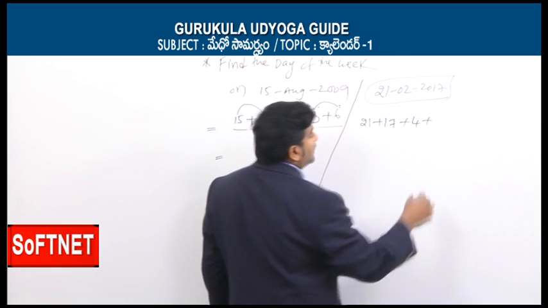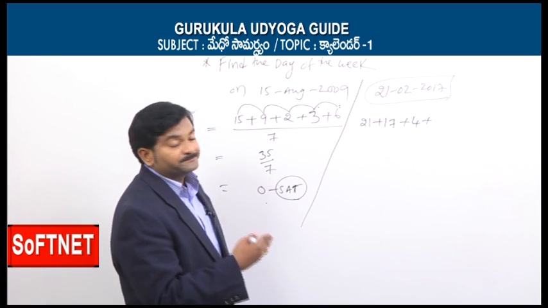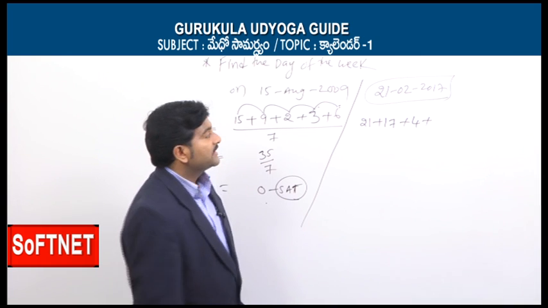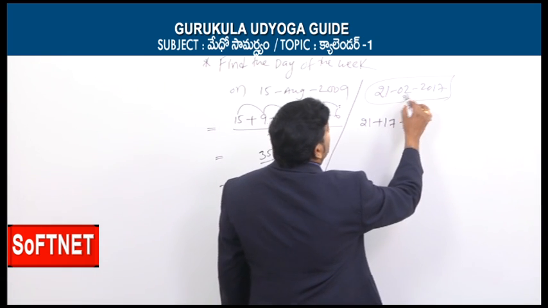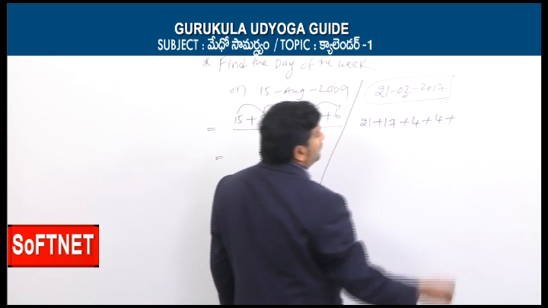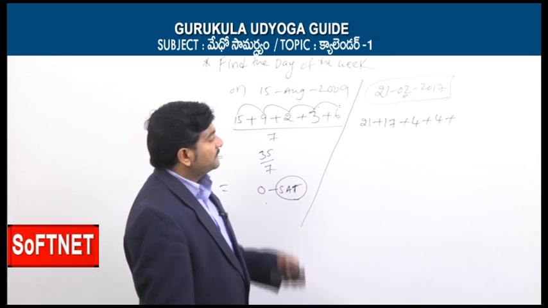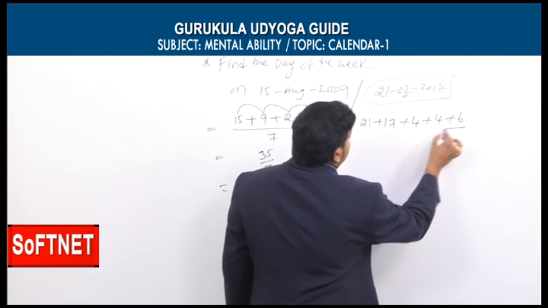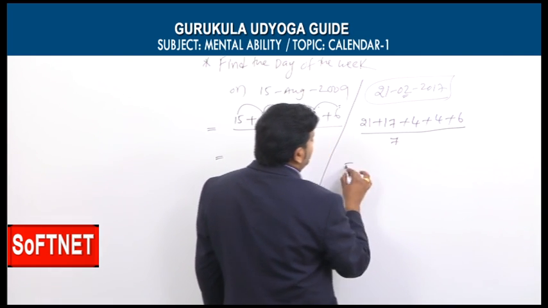That's why there are 4 leap years. Similarly, what is the February month code again? 4. Now finally, what is the century code again here? 6. So this complete sum I am dividing with 7.